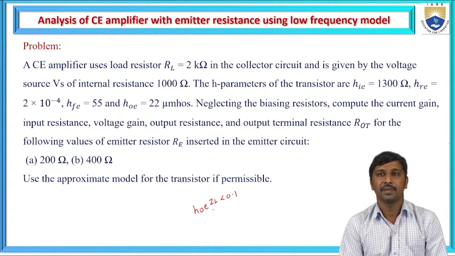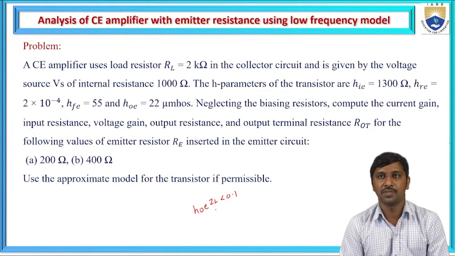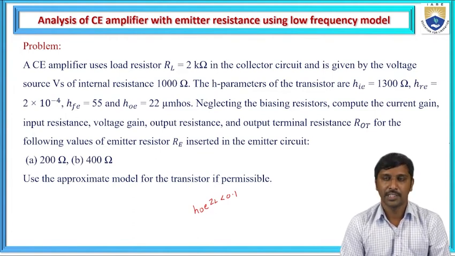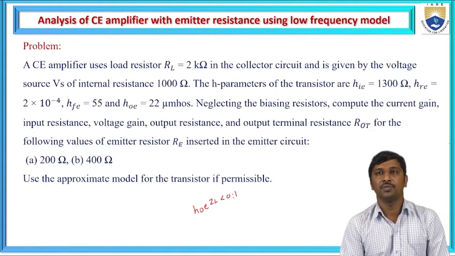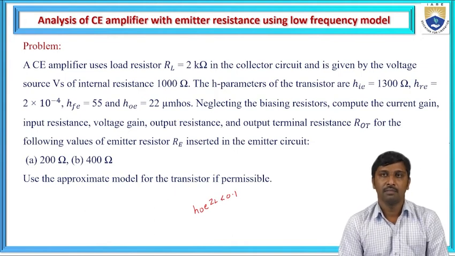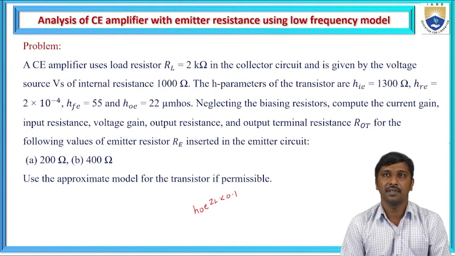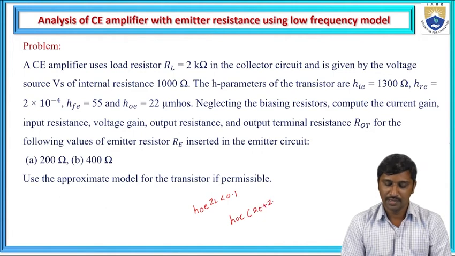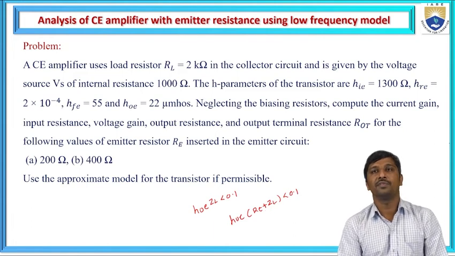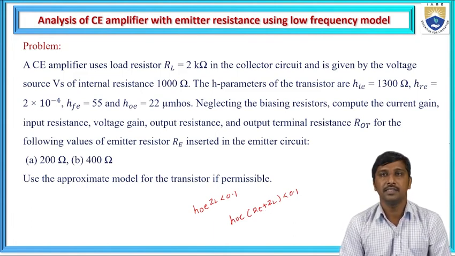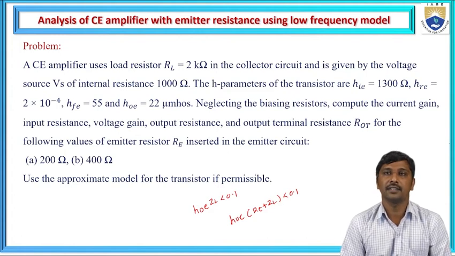So for a common emitter amplifier without emitter resistance, for approximate analysis, HOE times ZL is less than 0.1. But for a common emitter amplifier with emitter resistance, we need to check HOE times RE plus ZL is less than 0.1. Then only we can go for the approximate model. Otherwise, we need to choose the exact model of common emitter amplifier analysis.